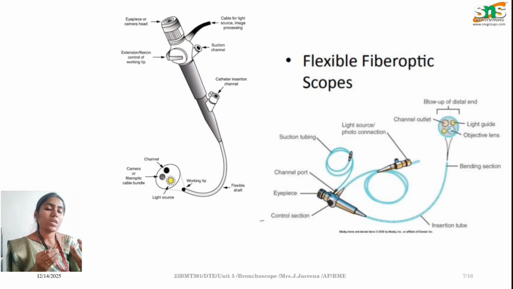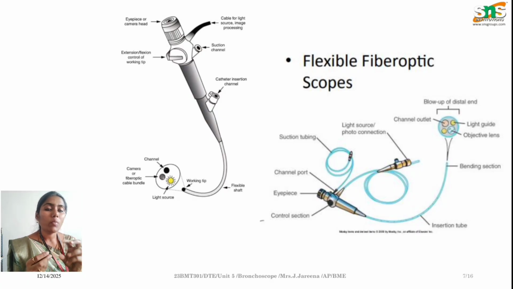The importance of the suction channel is that it helps to suck out, that is remove, mucus or any fluids, so that we can have a clear visualization of that particular area. Otherwise it will disturb the view and you won't have very good image clarity. So through the suction channel we remove the excess fluids or clear the path, to have very good guidance and visualization.